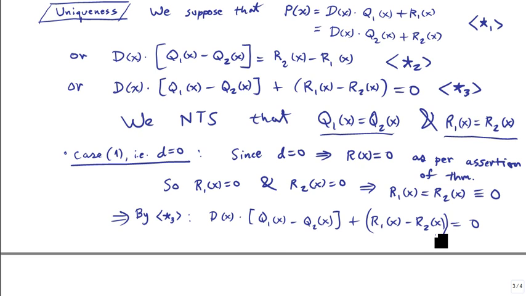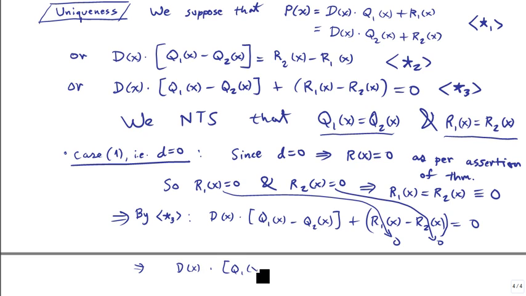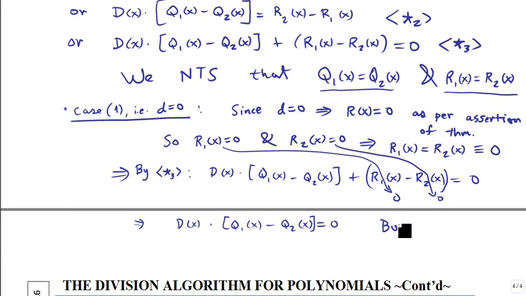Okay? This means that this is 0, this is 0. This implies then that d of x times q1 of x minus q2 of x is 0. But what did we say by the theorem? But the divisor is different from 0 by definition.